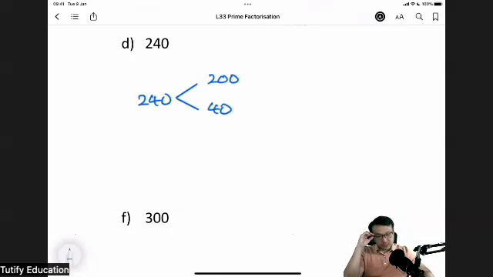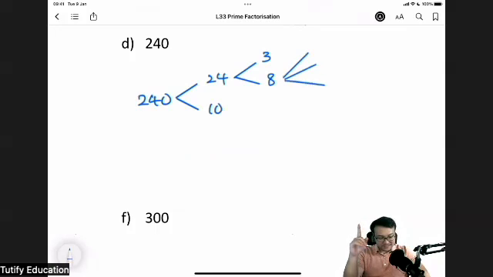You're supposed to multiply, okay? 24 times 10. Yes, excellent. And then? 24 is 3 times 8. Very good. 8 equals 4 times 2. I know we can do 4 times 2, but I'm going to save some time: 2 times 2 times 2. Good job.